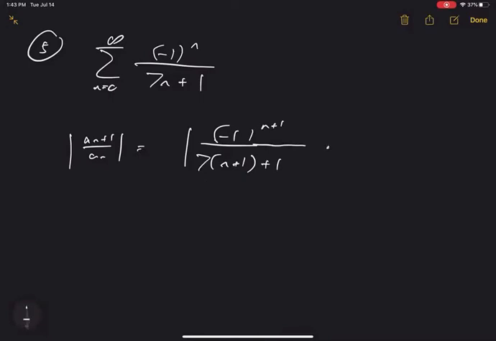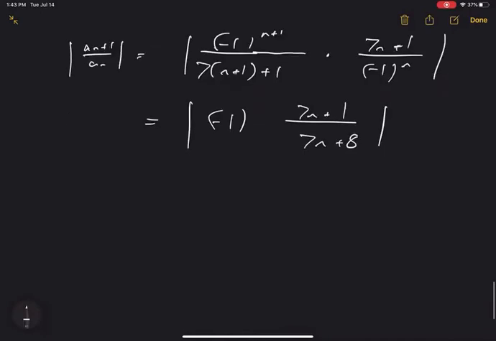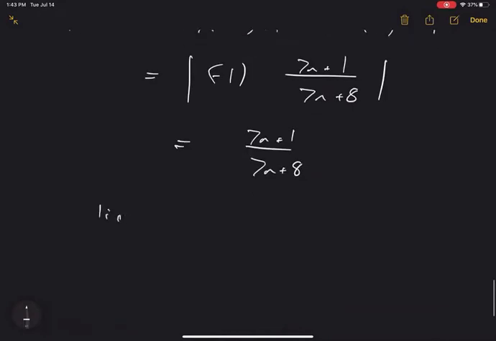Okay, and now I divide by a_n, which means multiplying by the reciprocal. Let's simplify. Okay, and so that's my a_{n+1} over a_n when it's simplified.